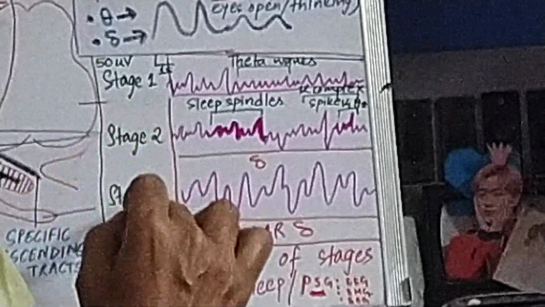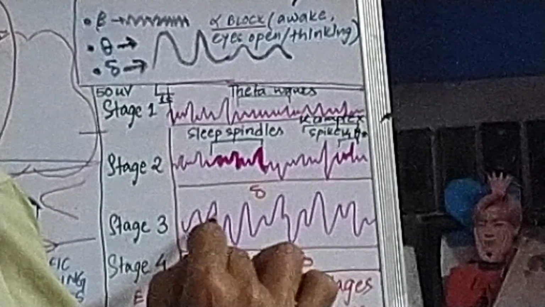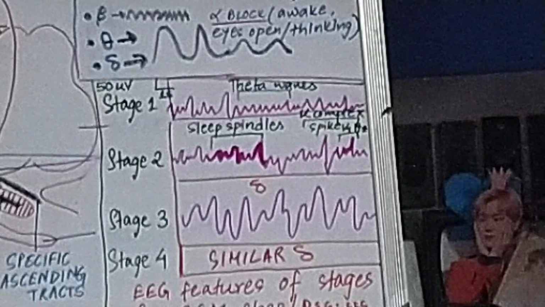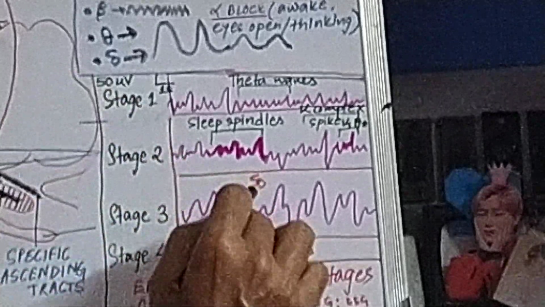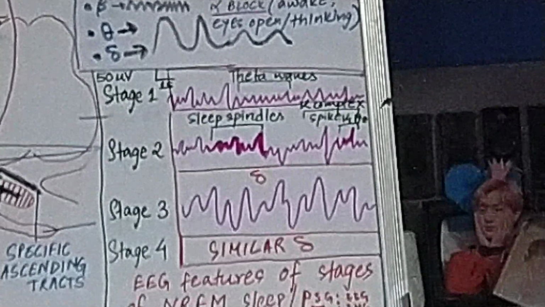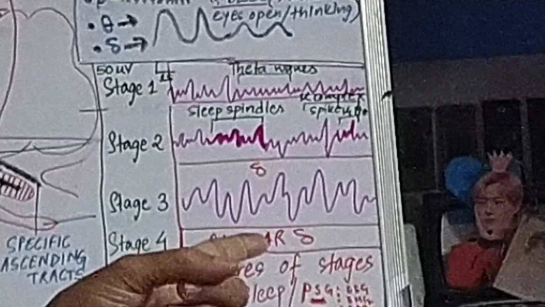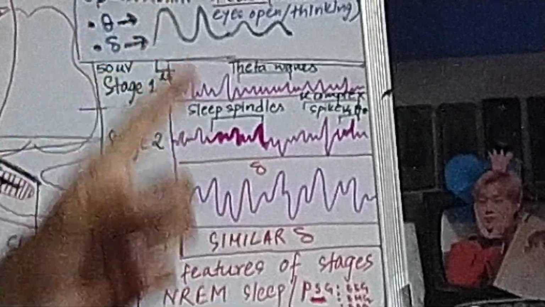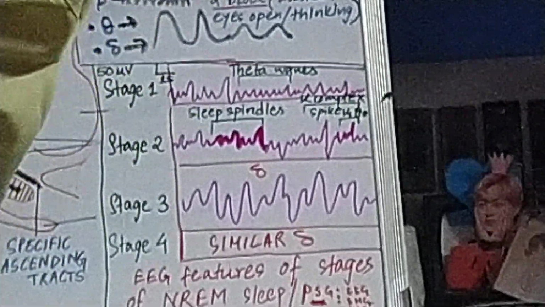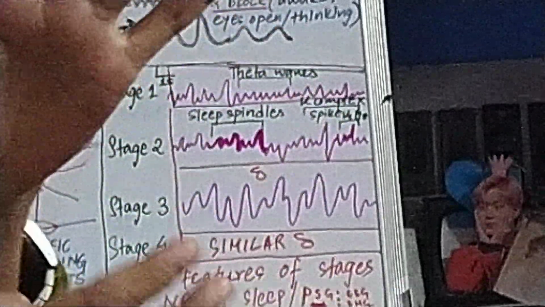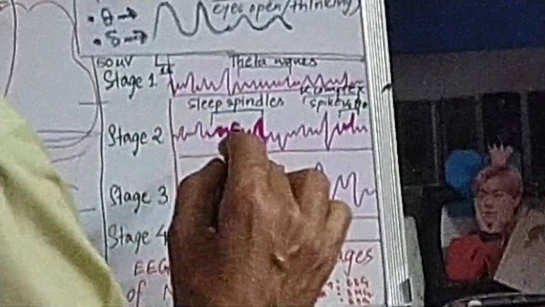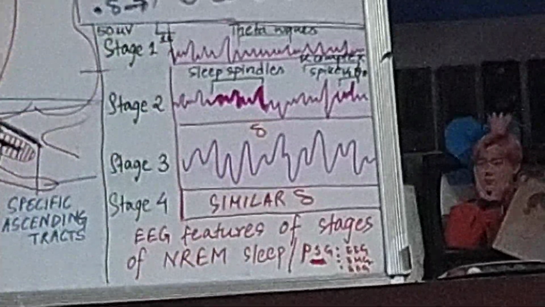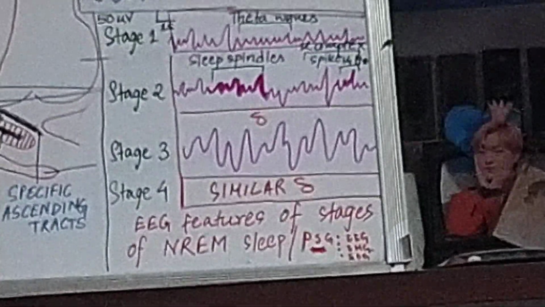So from stage 3, this particular wave is known as slow wave sleep, SWS, and that is characteristic of the delta wave. Also in stage 4, the features are similar to stage 3. The waves become higher in amplitude, as well as very low in frequency. So stage 3 and stage 4 of NREM sleep are classically known as slow wave sleep or SWS.